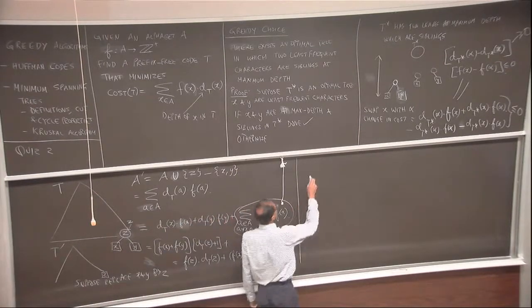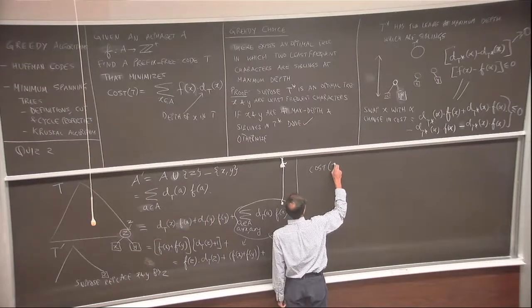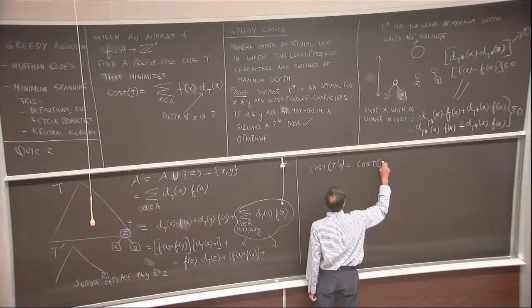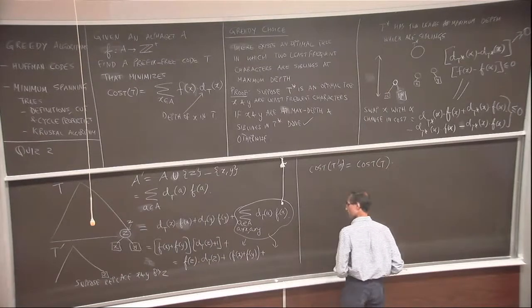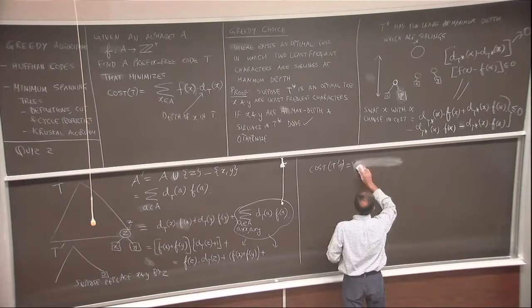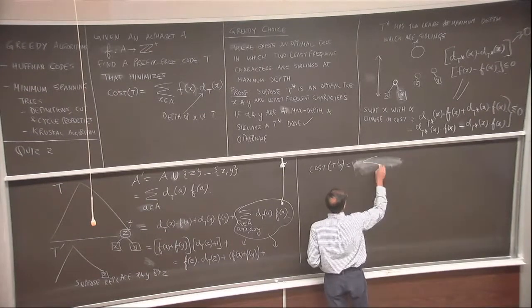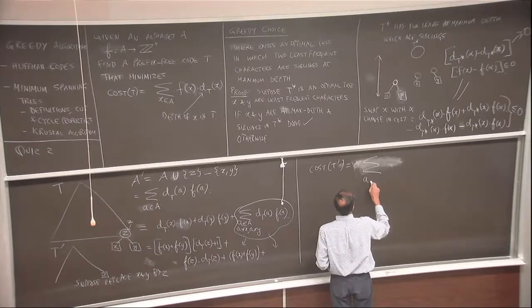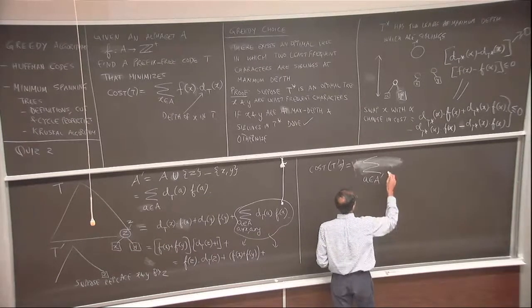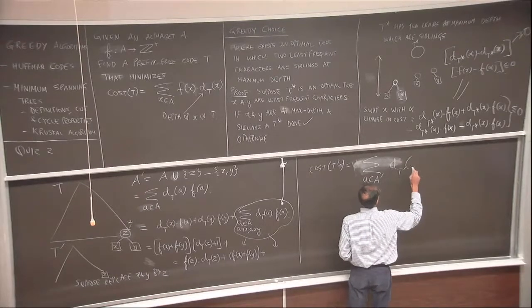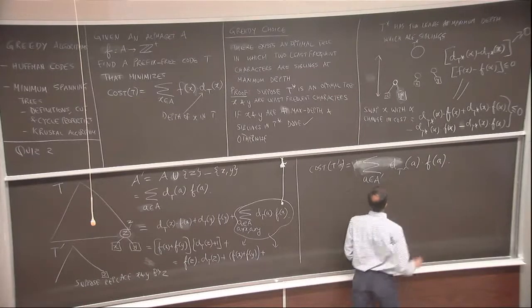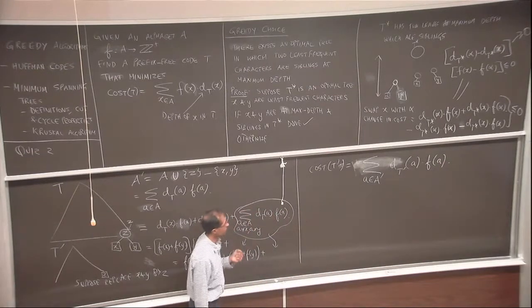So the point is that the cost of T prime equals the cost of T. So what is the cost of T prime? The cost of T prime is the summation over a belonging to A prime of d T prime of a times the frequency of a, right?